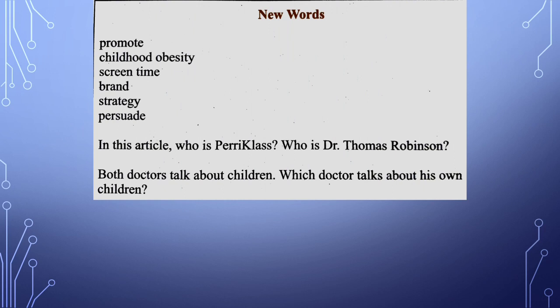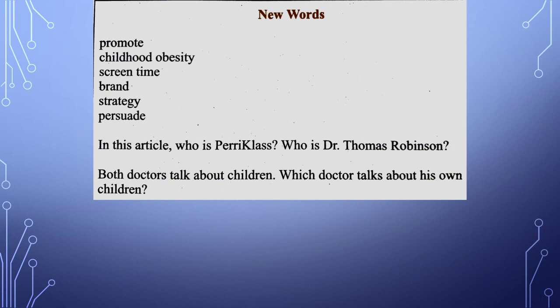And also, two questions are given: who is Pericles and who is Dr. Thomas Robinson? They both were talking about children, and which doctor was talking about his own children? You will have to answer this. For answering, you have to write the answers in your notebook, click the picture, and send to me.